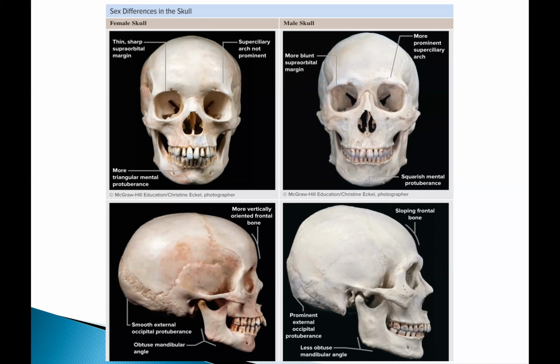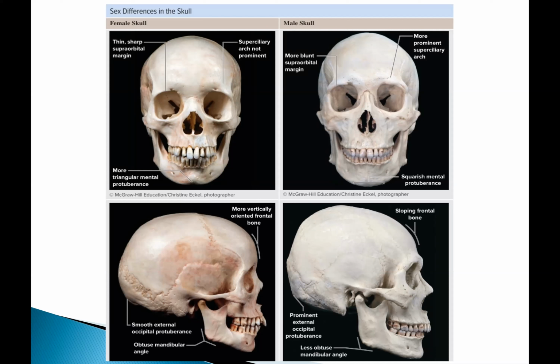So between the male skeleton and female skeleton, there are actually distinct differences about whether this skull is male or female. And a lot has to do with the hormones that you get through childhood, and that affects the shape of your bones, including genetics, right?